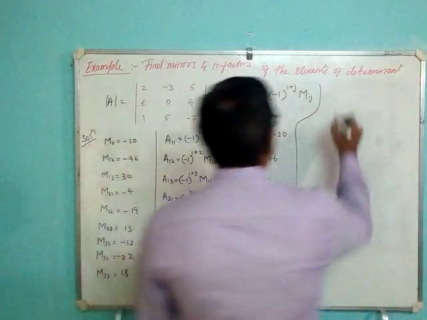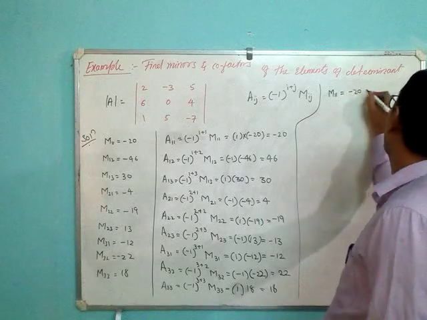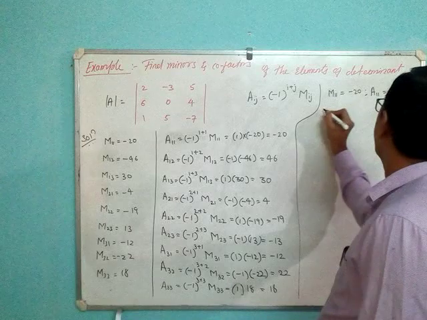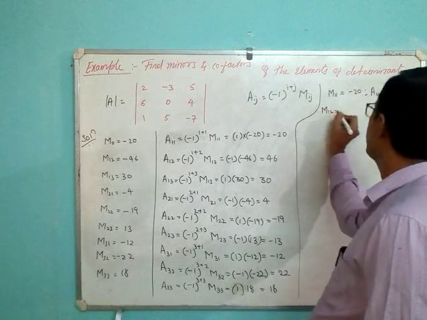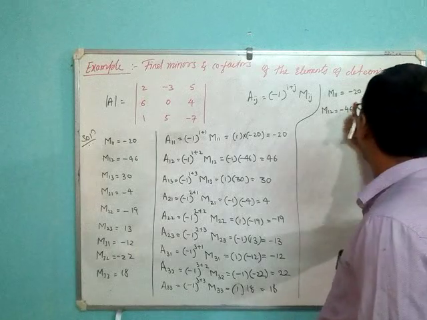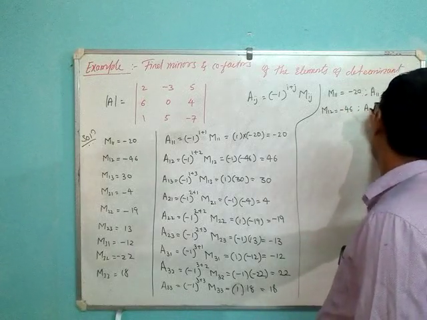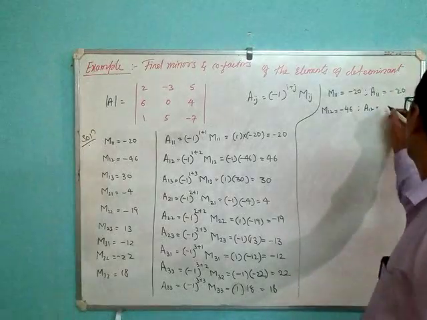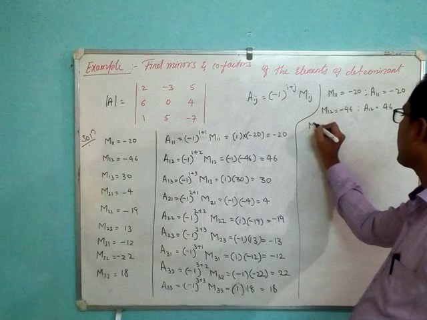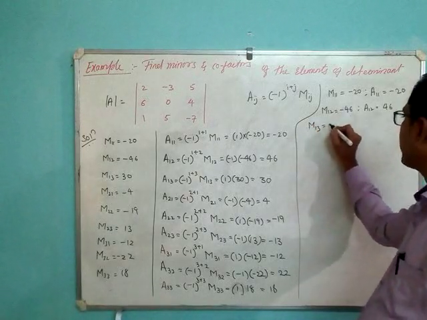So what is M11? M11 is equal to minus 20. A11 is equal to minus 20. M12 is equal to minus 46. A12 is equal to plus 46. M13 is equal to 30.